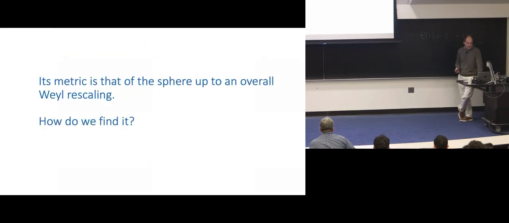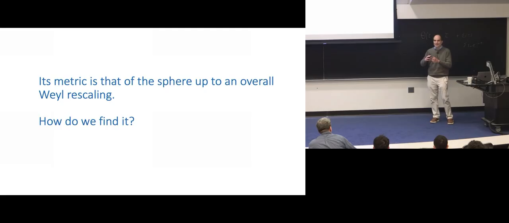And any metric on a sphere is the same as the metric on, let's say, a round sphere or the flat plane, up to a Weyl transformation. So if we found the connection between this deformed sphere and the perfectly round sphere, we could use the Weyl anomaly to calculate the partition function. That's the strategy. Is everyone following?